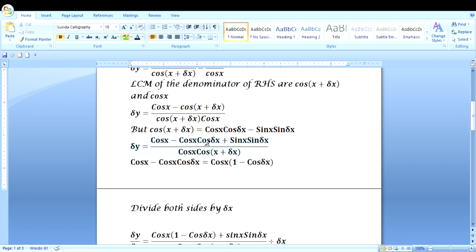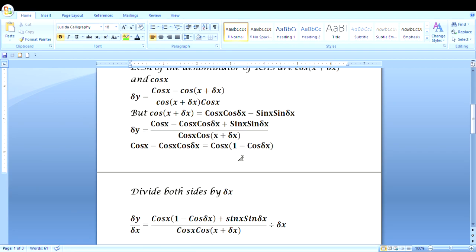So we replace this expression here with this, and this becomes cos x minus cos x cos delta x plus sin x sin delta x, divided by cos of x plus delta x, so that we can also factorize this part of the expression, cos x minus cos x cos delta x, as cos x into 1 minus cos delta x.